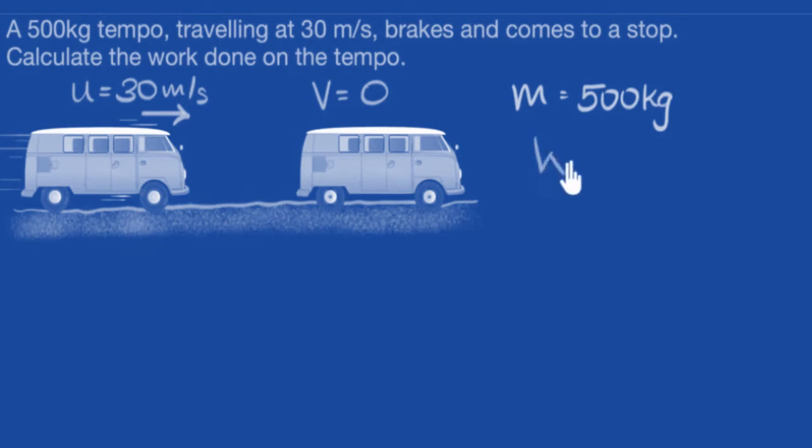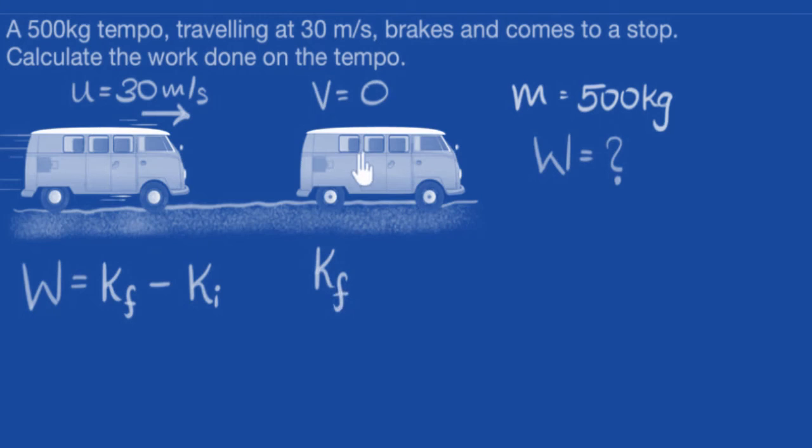So we can do the same thing we did before. We can say work done is how much kinetic energy gets added to the tempo. From the work energy theorem, work done equals the final kinetic energy minus the initial kinetic energy. What is the final kinetic energy? Well, the tempo is at rest, velocity is 0, so kinetic energy becomes 0.